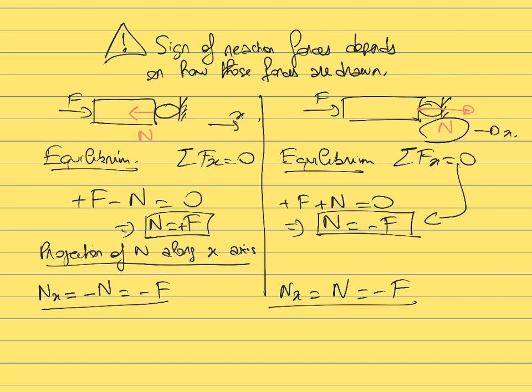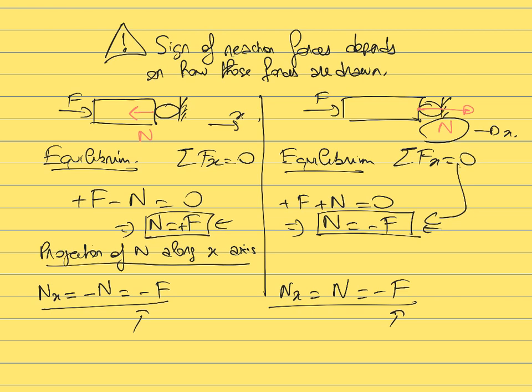The projection of the reactions actually occurring in the system remains the same. The result from the condition of equilibrium can have a minus sign or not, depending on how you define this reaction support. But the true projection in this case is always minus F, and this doesn't depend on how you draw the reaction support. So that's something to keep in mind.